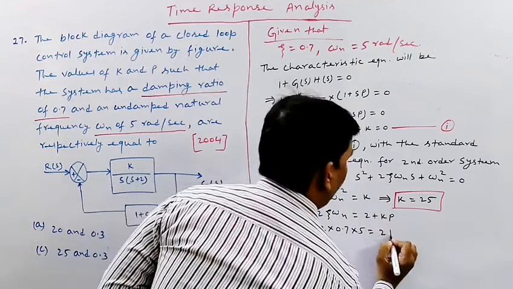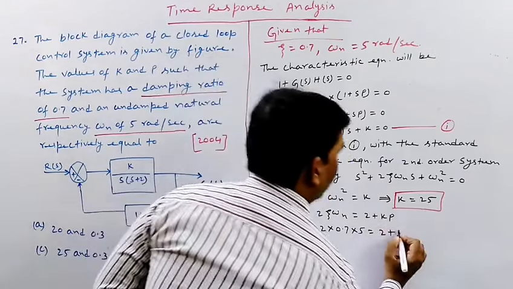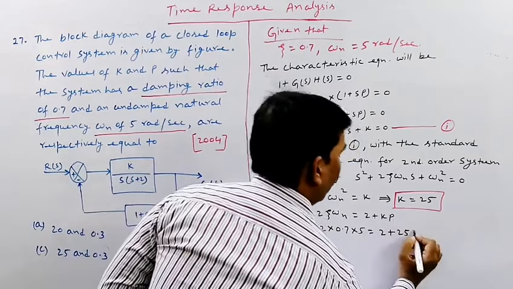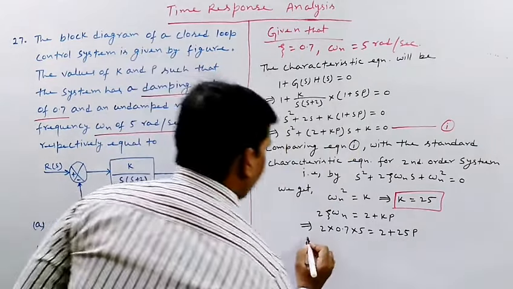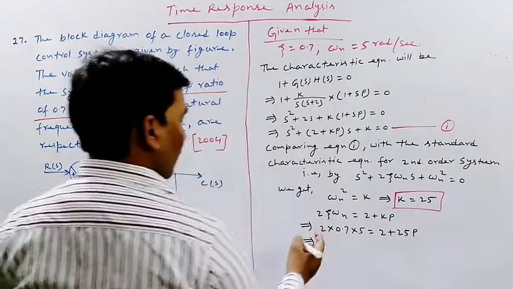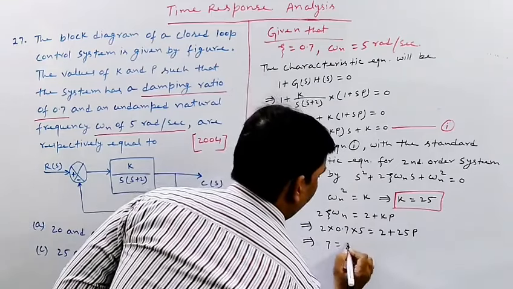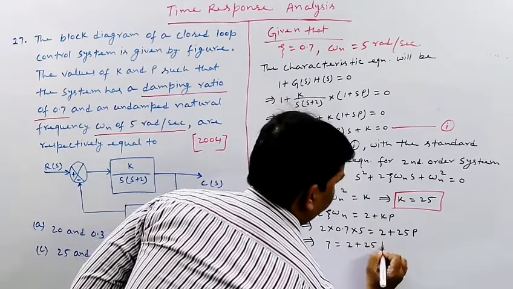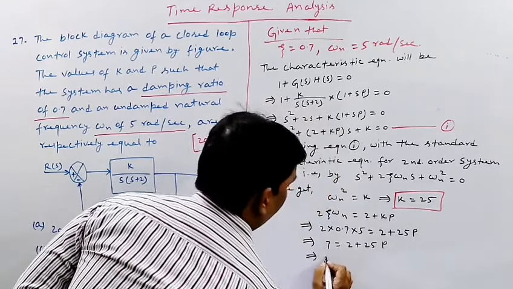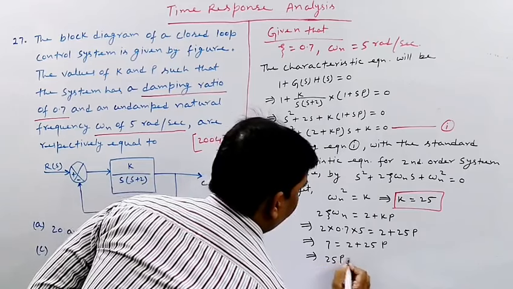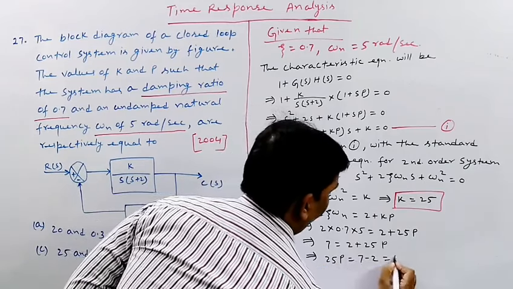Here 2 plus K, we have found K as 25. So it will be 7 equal to 2 plus 25p. Now 25p will be equal to 7 minus 2 equal to 5.